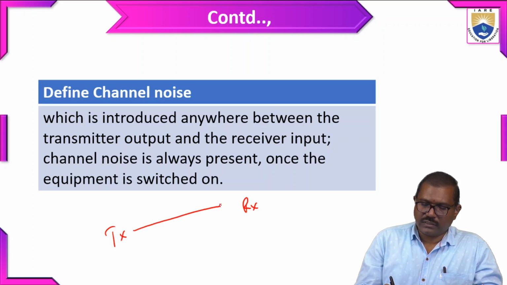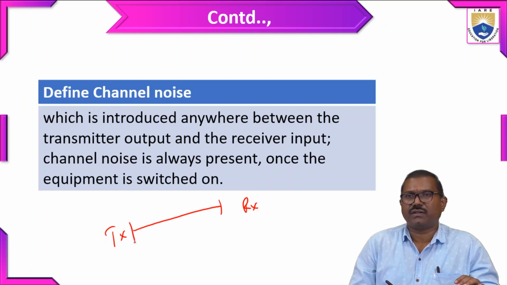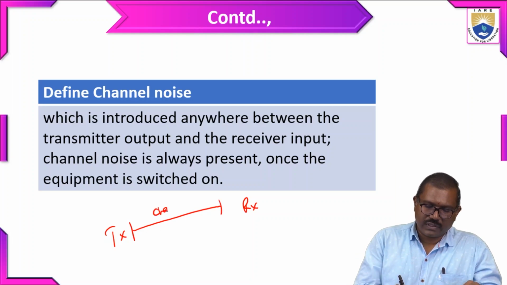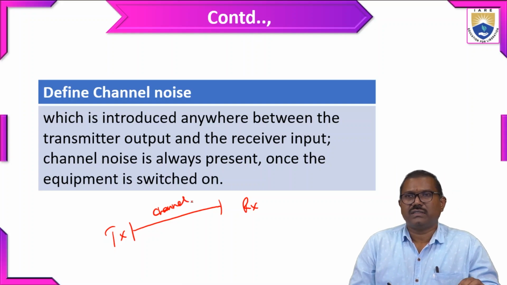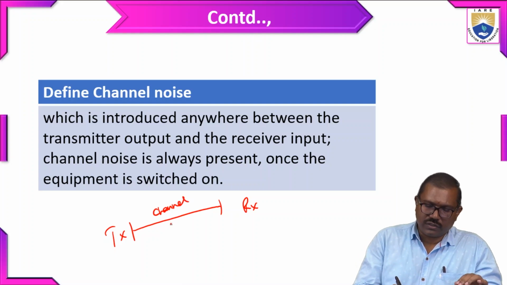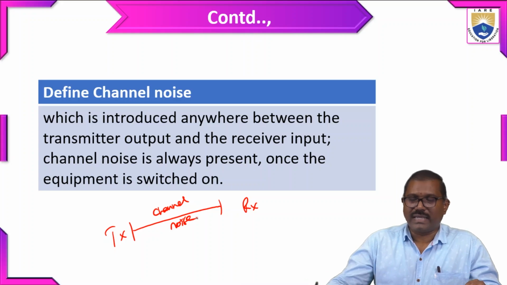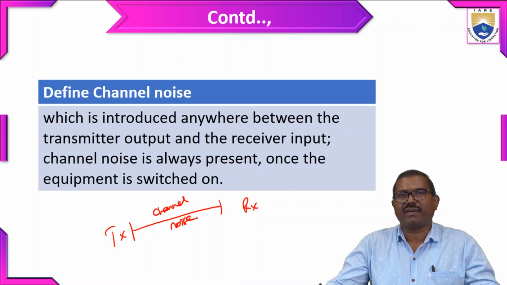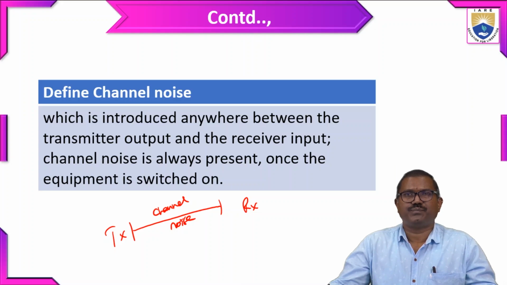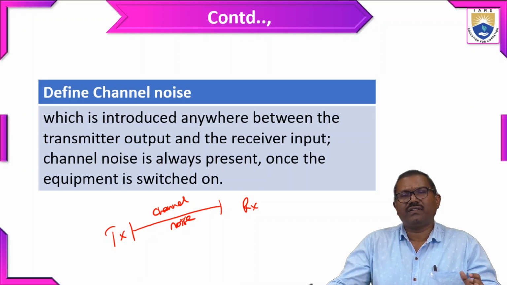From the transmitter to the receiver, this is nothing but the channel. So the noise which is introduced in the channel is called channel noise. Channel noise is always present once the equipment is switched on, and it easily adds to our signal. So whenever the signal adds with the noise, what happens? Errors will be raised.